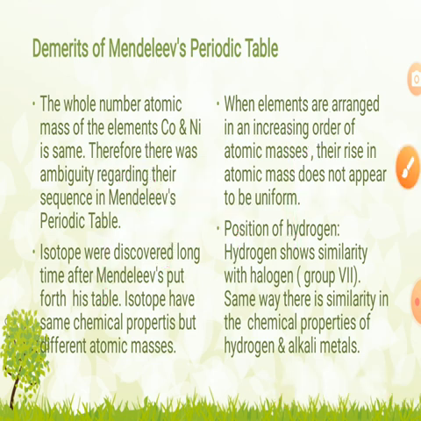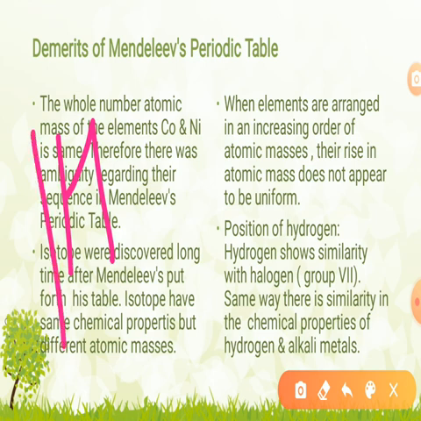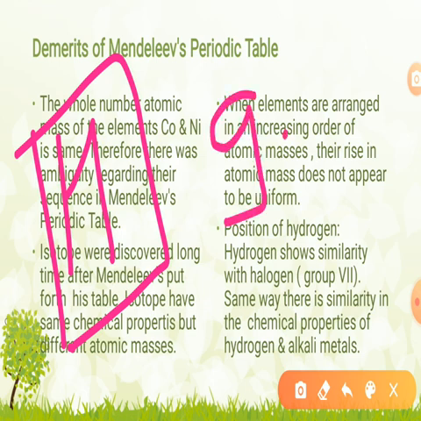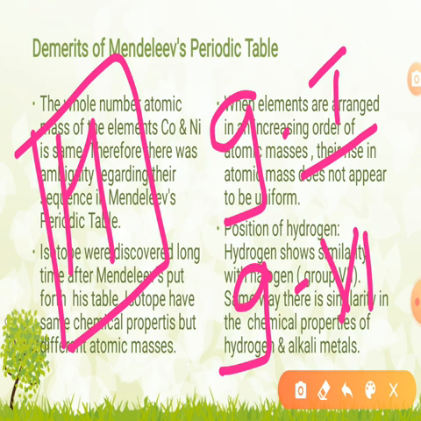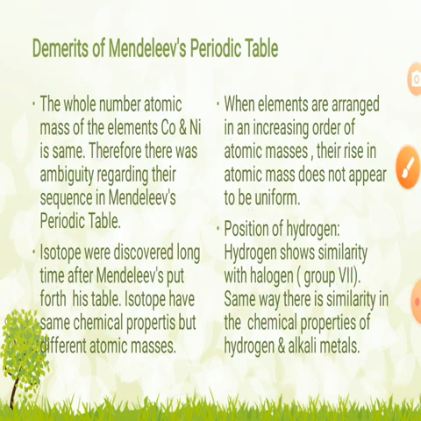So it was a problem to place the hydrogen atom H, because the correct position of hydrogen was in the group of alkali metals, that is group 1, or in the group of halogens, group 7. Where to place the hydrogen? This was the demerit of Mendeleev's periodic table.